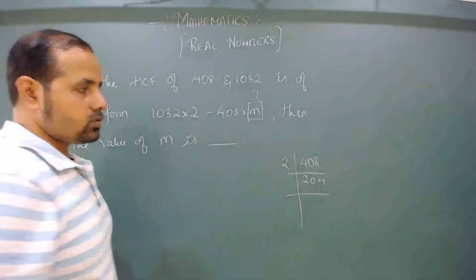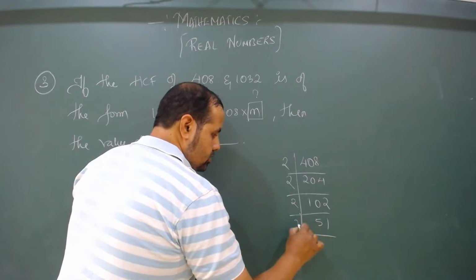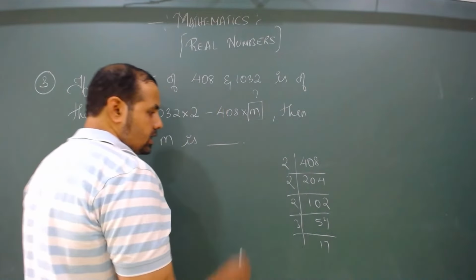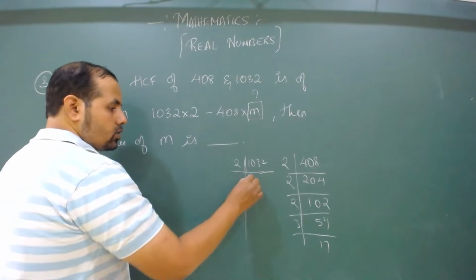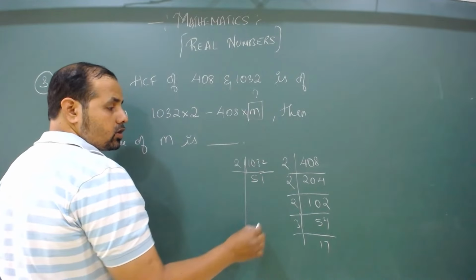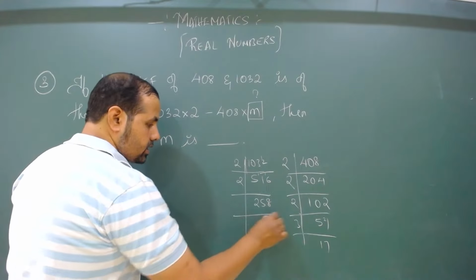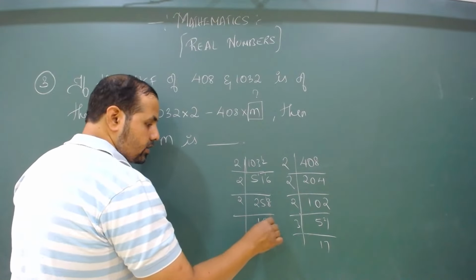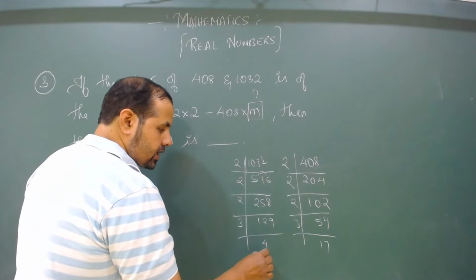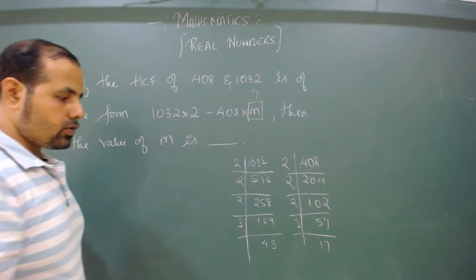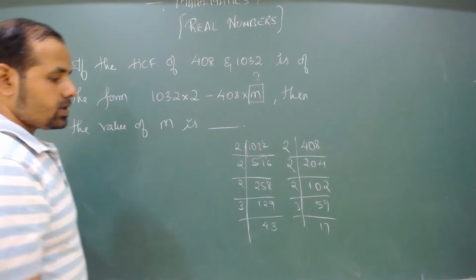Let me do the prime factorisation of 408: 2 fours are 8, 2 twos are 4, 2 ones are 2, then 3 ones are 3, and 17 is prime. Again, let me write the number 1032: 2 fives are 10, 2 ones are 2, carry on, 2 twos are 4, 2 nines are 18, 3 fours are 12, 3 threes are 9. 43 is a prime number.